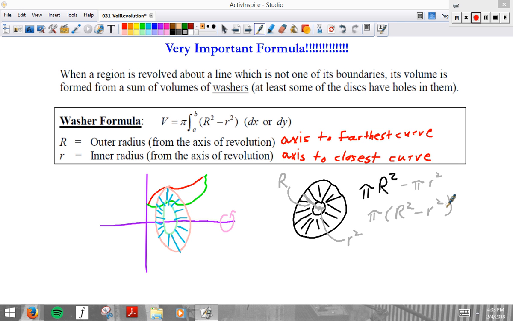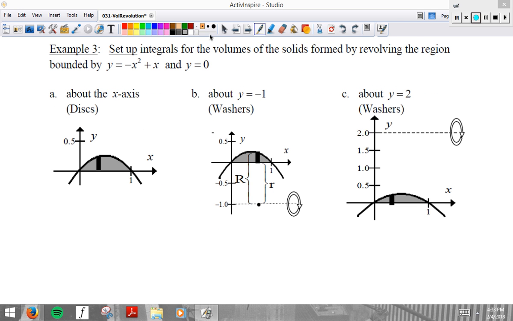We're going to do a few problems here. This is highly important. There's almost always an FRQ using this idea. Here we go. All right. So we might see that 3a starts off with a disk. About the x-axis, we have a nice slice like this.